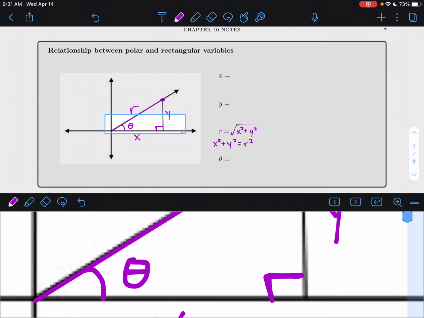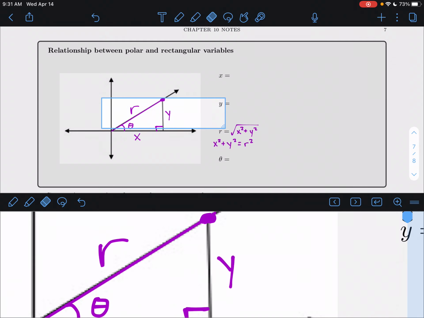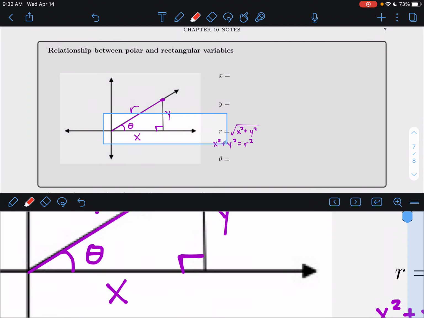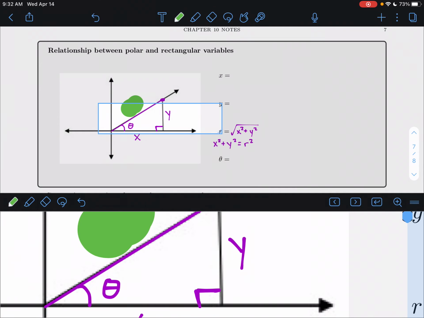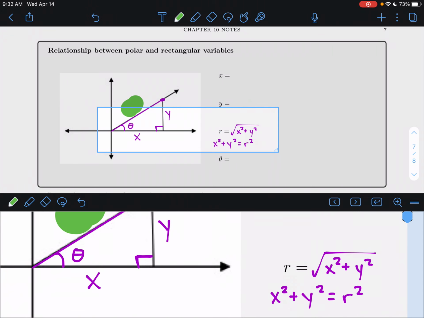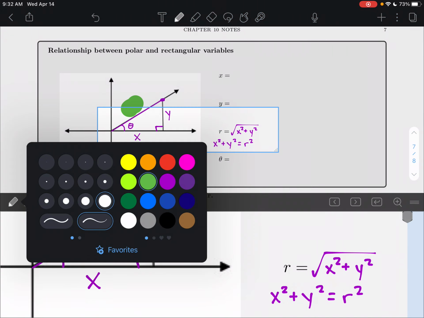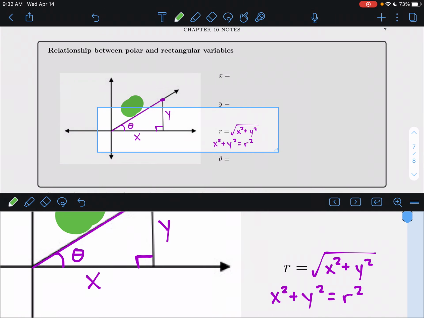Then if we're looking at theta, if I want to get theta just in terms of x and y, I'm ignoring the r. So theta is an angle, y is across from that angle, and x is adjacent to that angle.